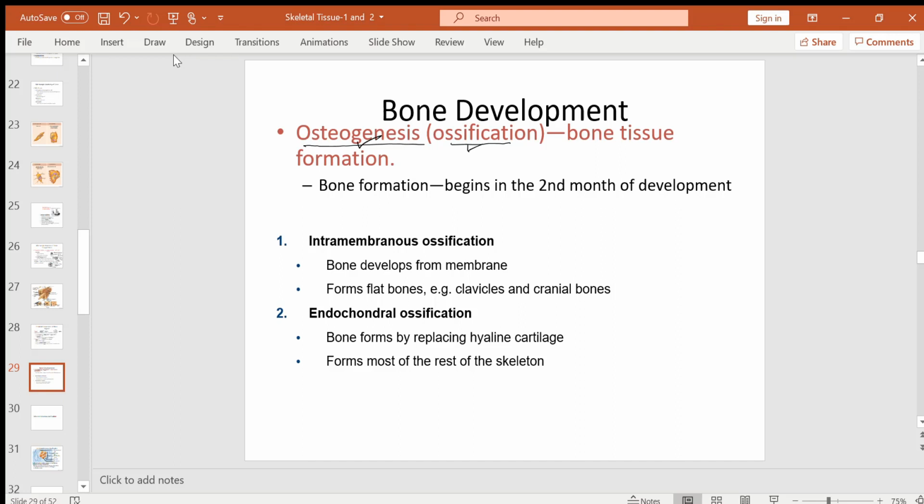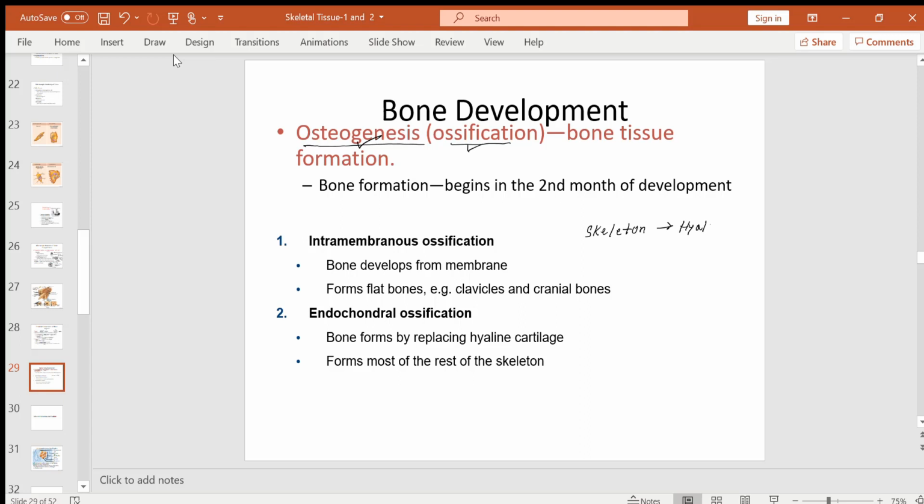Now, how are the bones of your skeleton formed in the early part of your life? You know that in a very early stage of your life, the whole skeleton of a fetus is what? Hyaline cartilage. We talked about this before.